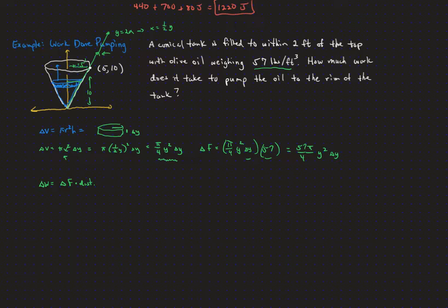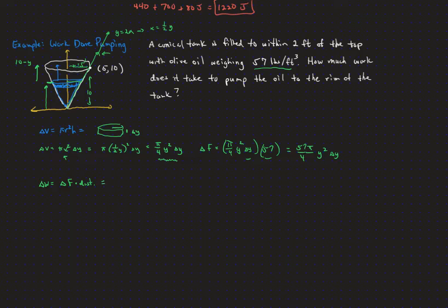If we think of this yellow as being the xy axis, then this distance up here is the y value of that slice. So the distance we want to pump it is the height of the tank, 10, minus the y value that is the height of that slice of water.